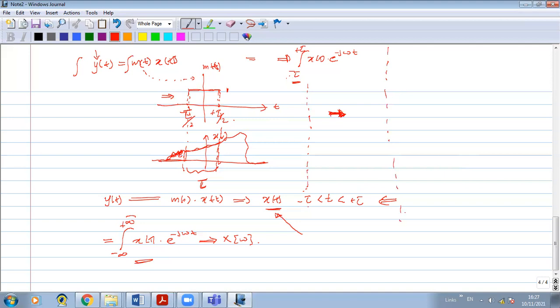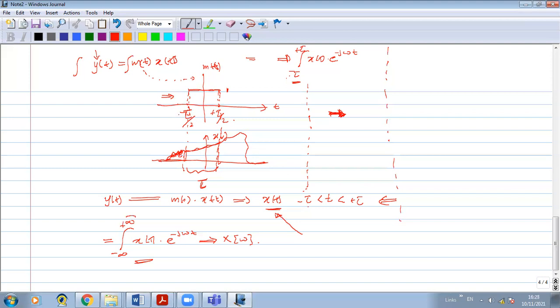So I think our logic is okay. We are asked to find the Fourier transform of m(t) into x(t). m(t) is a rectangular pulse, given from minus tau by 2 to plus tau by 2. If you multiply this pulse with this arbitrary signal x(t), you will have that signal only within this pulse duration. Others will be zero.